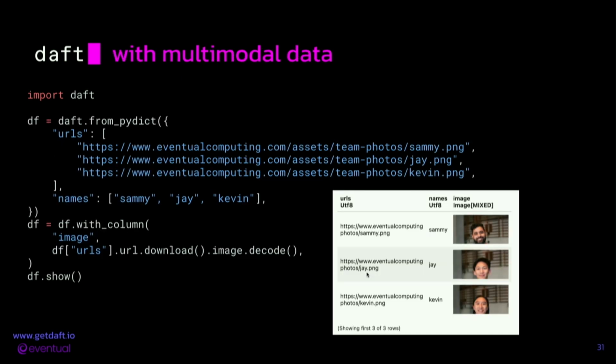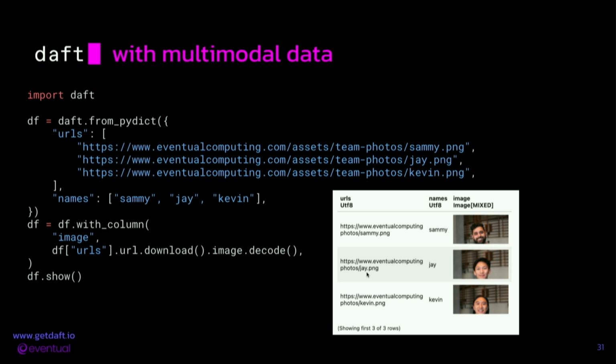And this is Daft working with multimodal data. The way it works in Daft is we have custom image types, and so you can see we have an image column. That's not something you see every day. But you now have native support for certain multimodal types such as images, tensors, embeddings, and more as we are building them out. And we also baked in a lot of core functionality around multimodal data.